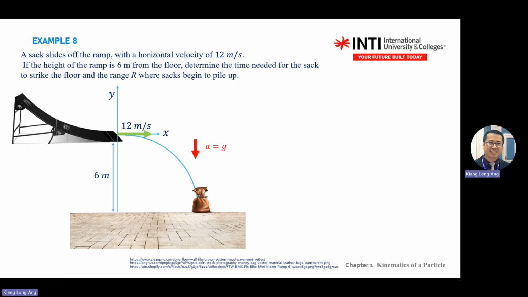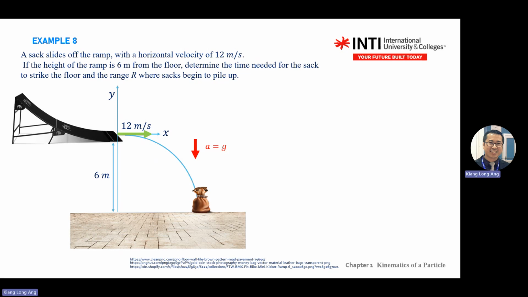So don't confuse it with the previous slide that I showed you. Now my positive direction is down, so my acceleration is positive. Make sense? So don't be confused. That's why the last slide showed negative, and this is positive.